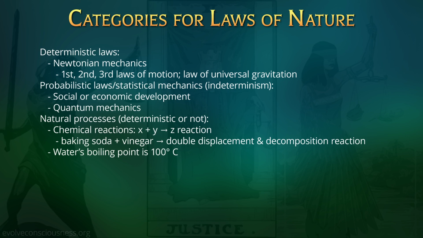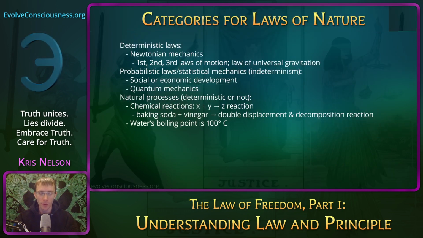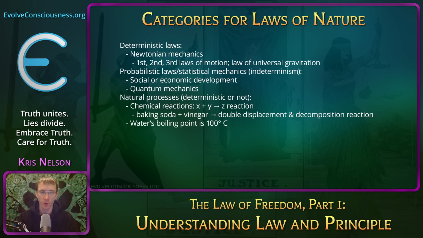The laws of universal gravitation are Newtonian mechanics. There are other laws, such as the ones from the previous slide. You have the law of inertia, sometimes referred to as the principle of inertia. You have the laws of thermodynamics. Those are all deterministic laws.